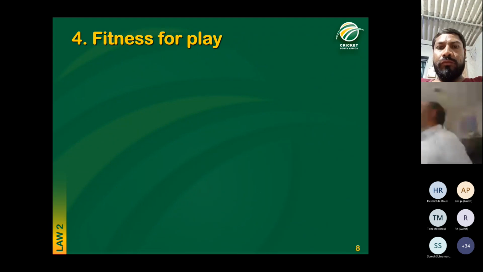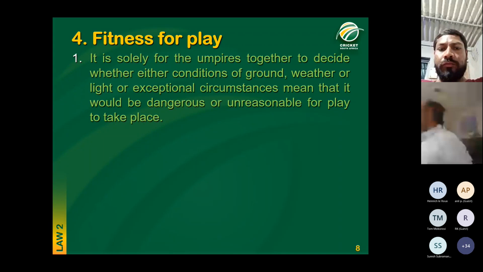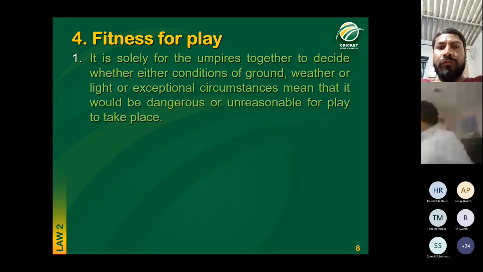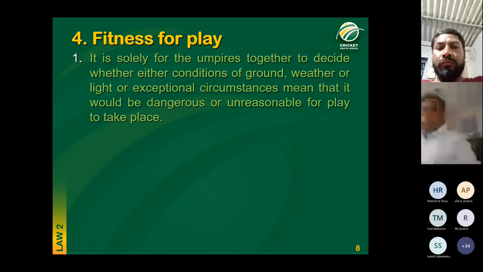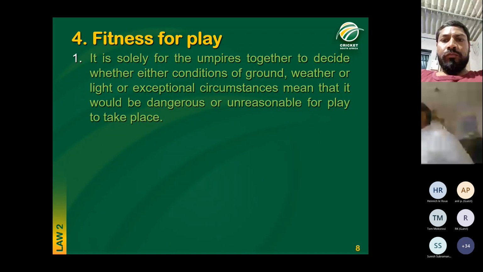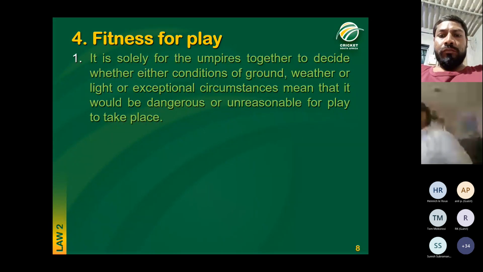Who decides on the fitness of play? Also solely the umpires, and the important word here is together. The umpires together need to decide whether the field is fit to play, and the two important words they need to take into account are dangerous or unreasonable.